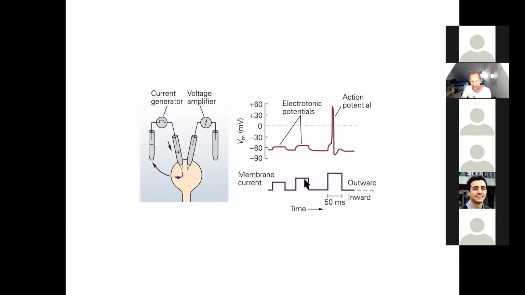You give a second bump that is a little bit larger, and it produces a slightly larger response. Notice that it doesn't simply copy the square pulse, but has this little curvy low pass. And then with a slightly larger input current, you actually see this all-or-none event, the spike.